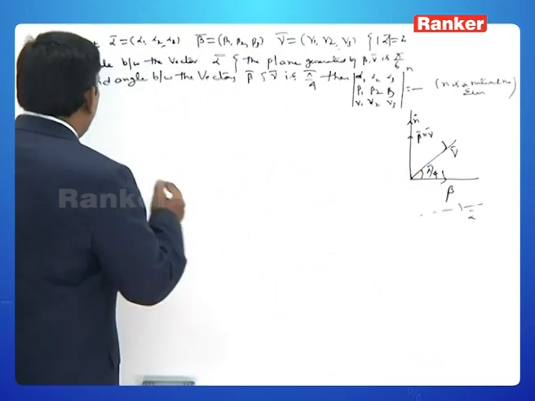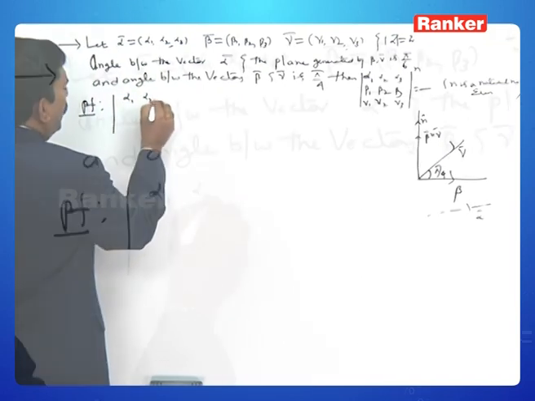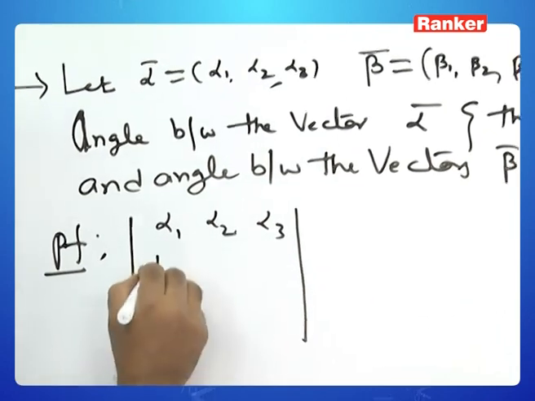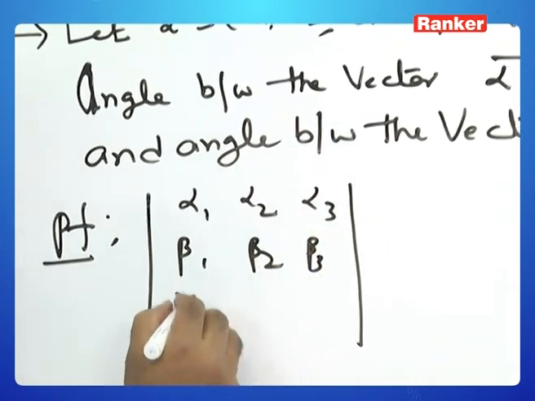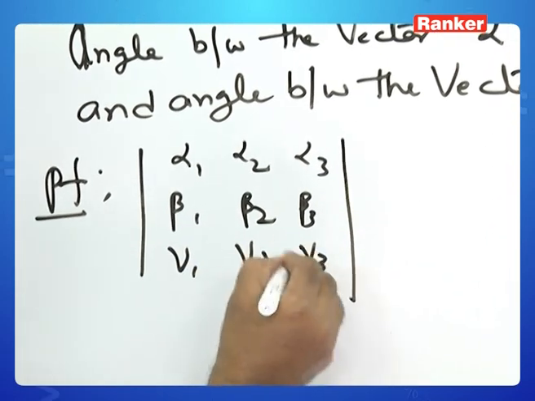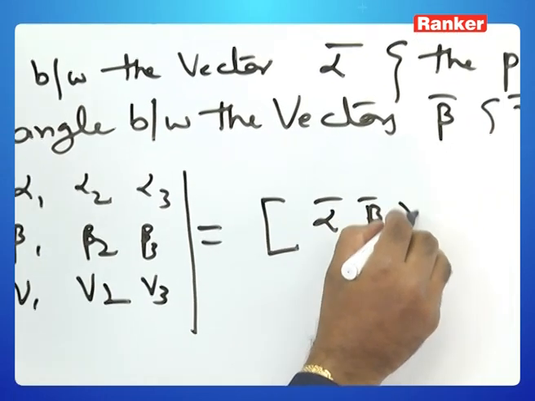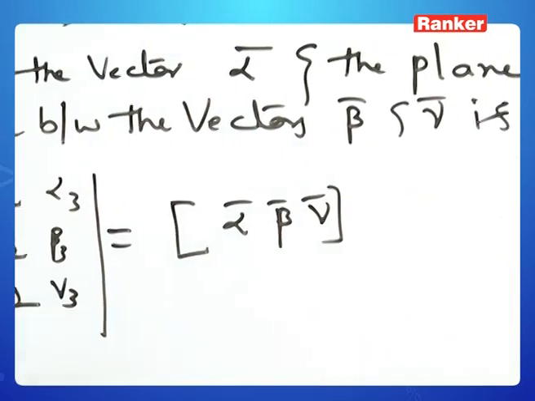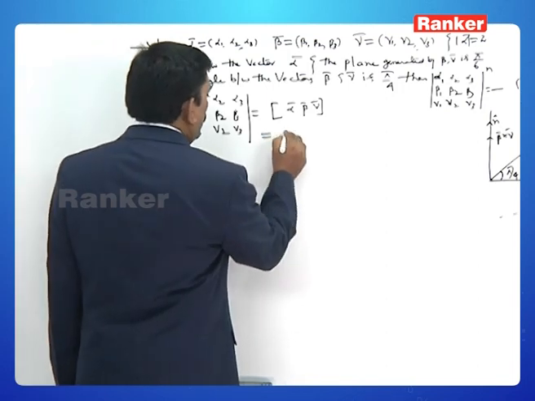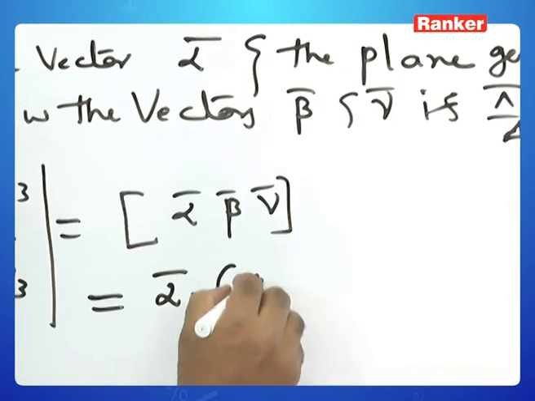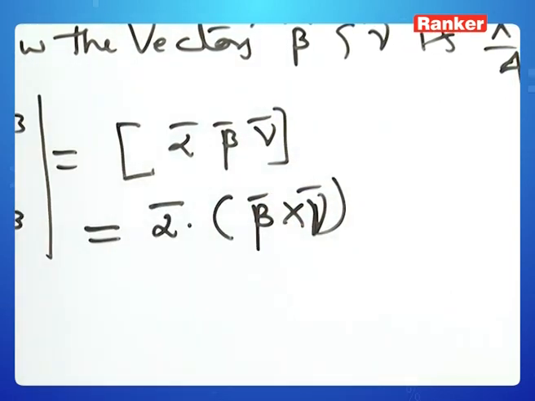So given the determinant of alpha, beta, gamma components is nothing but box of alpha bar, beta bar, gamma bar. In turn, I can write this one as alpha bar dot beta bar cross gamma bar.